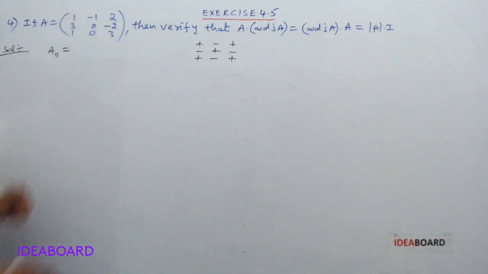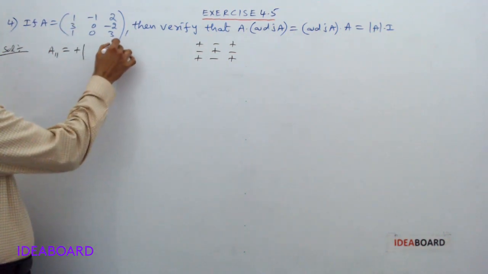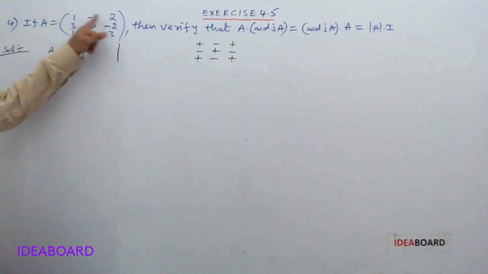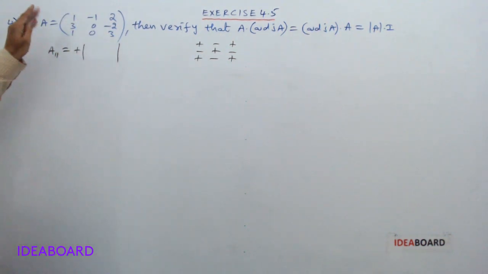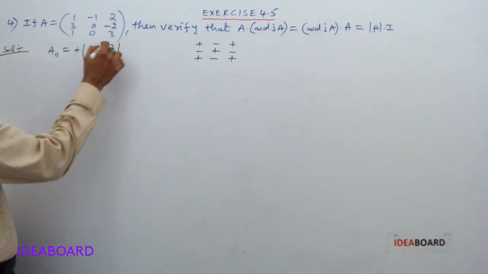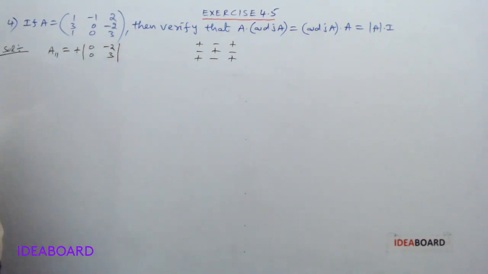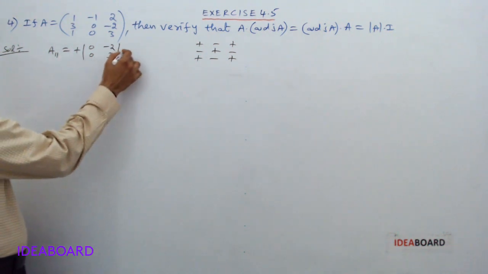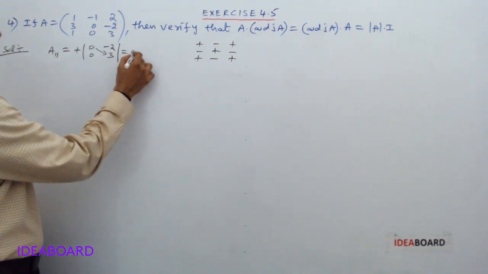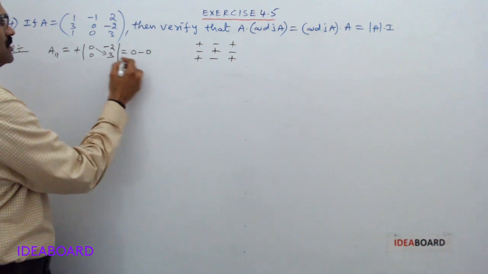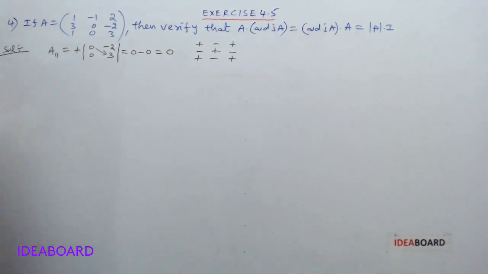So for this we have to take plus determinant of the element 1 lies in first row and first column. So close the first row and first column. Remaining elements we have 0, minus 2, 0, 3 equal to 0 into 3, 0, minus 0 equal to 0.